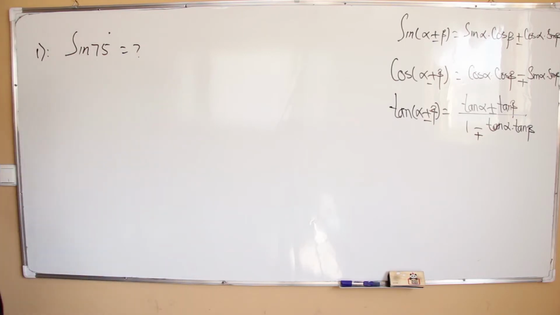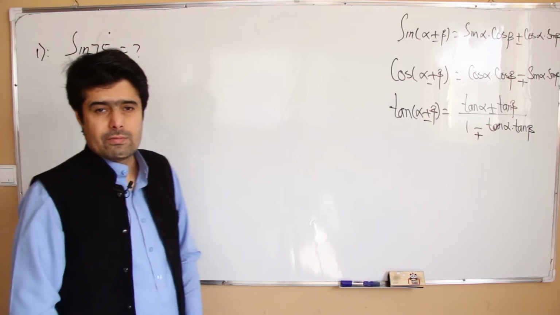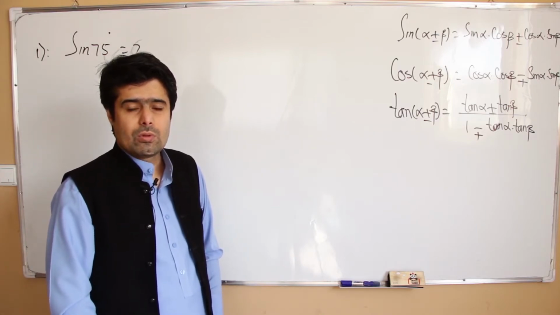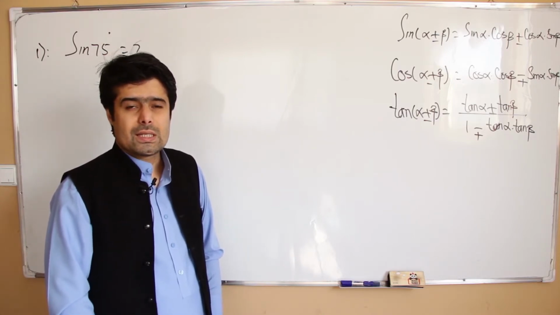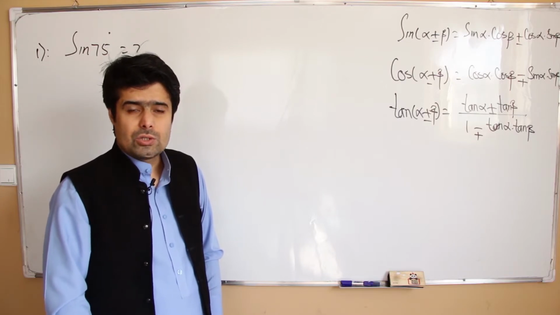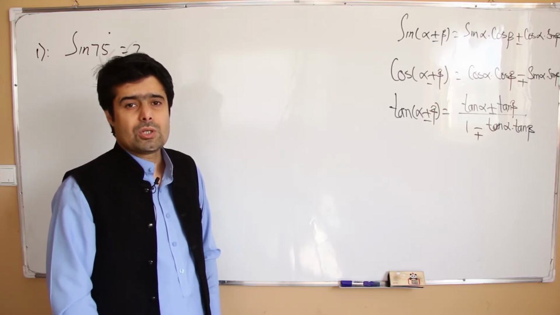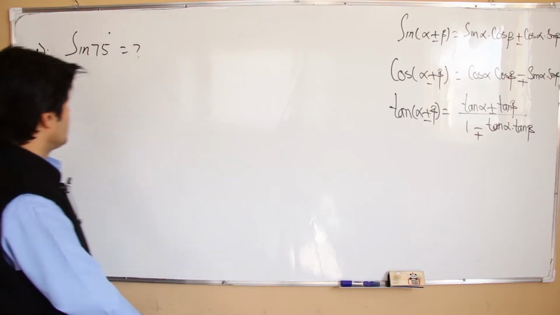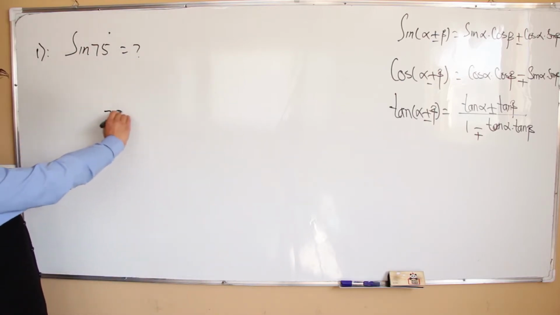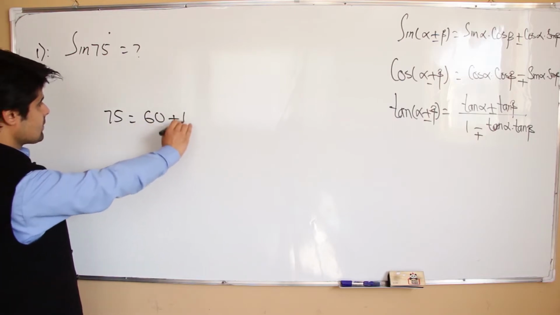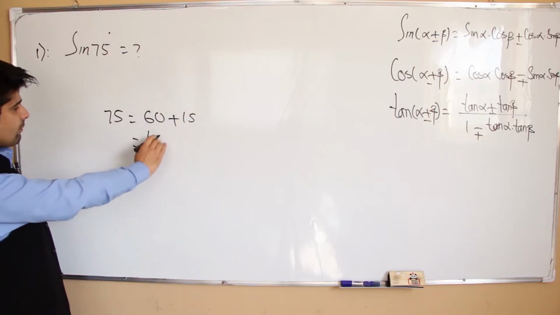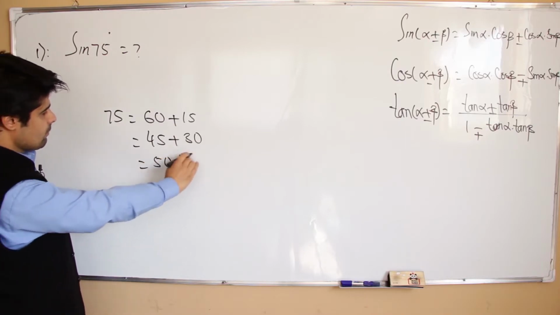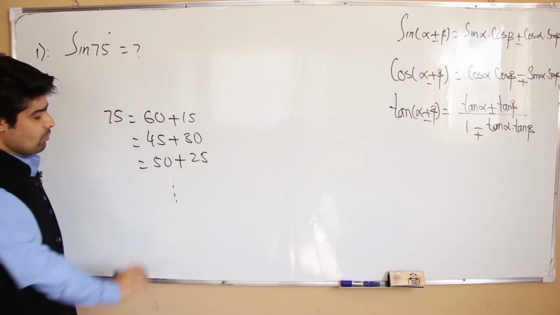Now, whenever you want to find the trigonometric ratios of 75 degree, you have to think which standard degrees you know whose summation or difference is 75. I think 75 can be defined as 60 plus 15, 45 plus 30, and 50 plus 25, and many more.